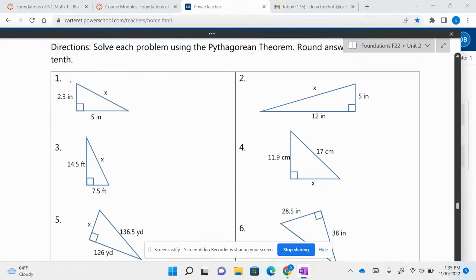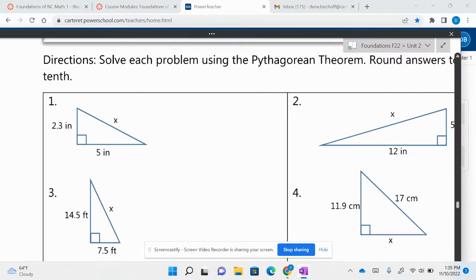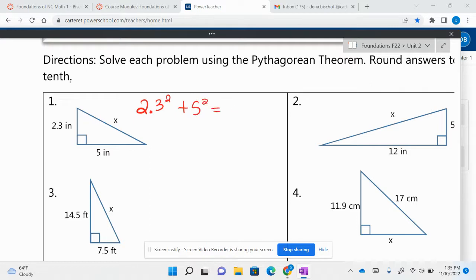What am I trying to find? Which is what side, the hypotenuse or a leg? Hypotenuse. So I have 2.3 squared plus 5 squared equals c squared or x squared. So someone tell me what 2.3 squared plus 5 squared is. 30.29 equals c squared.